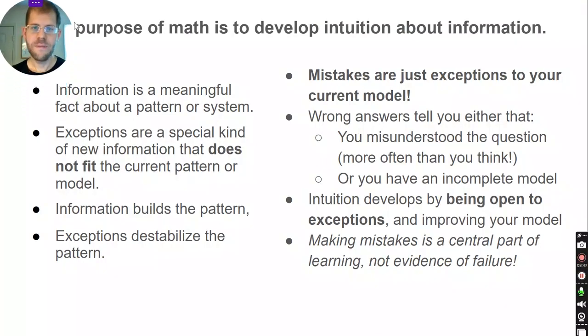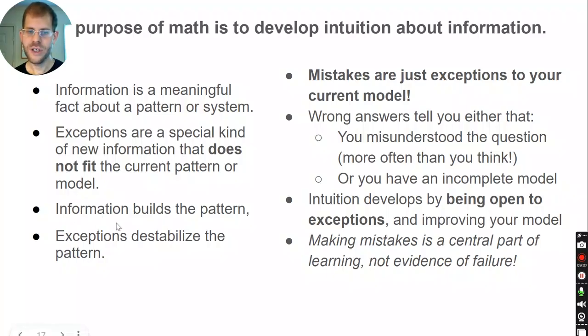So the purpose of math in this approach is to develop intuition about information. Information is defined as a meaningful fact about a pattern or system. And then exceptions are a special kind of information that does not fit the current pattern.